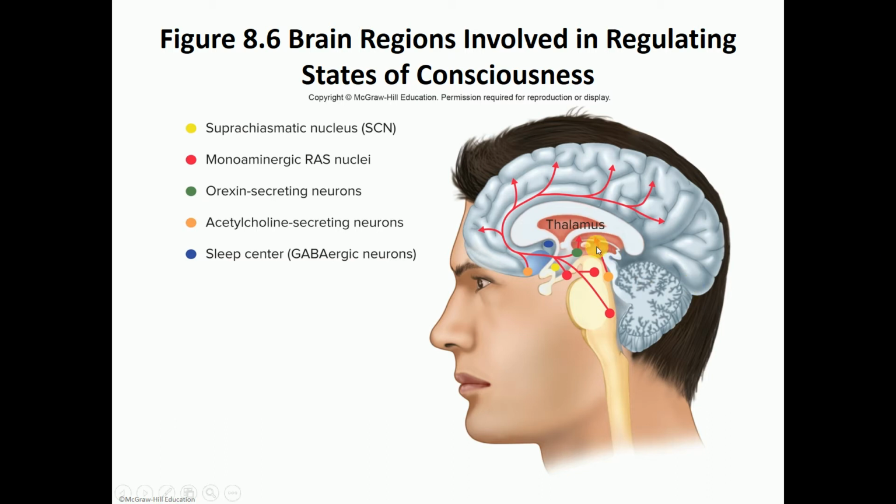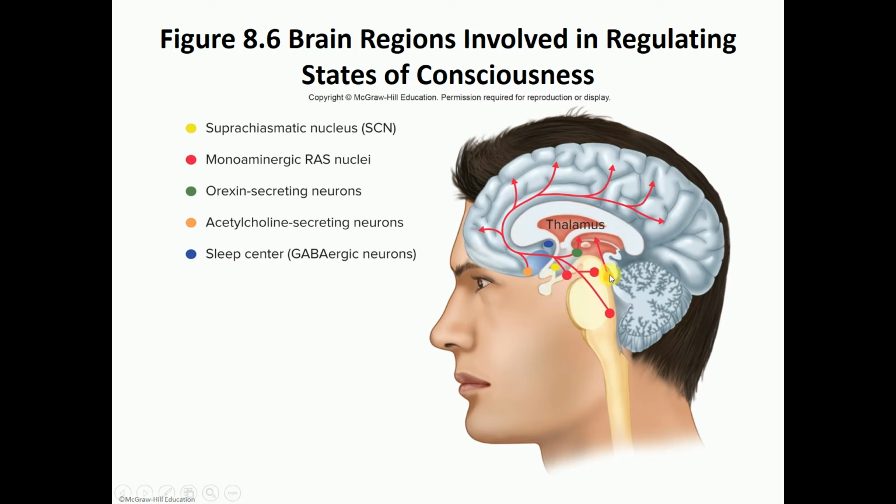Now down to this green area, and that is the orexin secreting neurons. Those are also found in the hypothalamus, and these neurons secrete orexin just like the suprachiasmatic nucleus does, and again, orexin will stimulate the thalamus and the cerebral cortex.